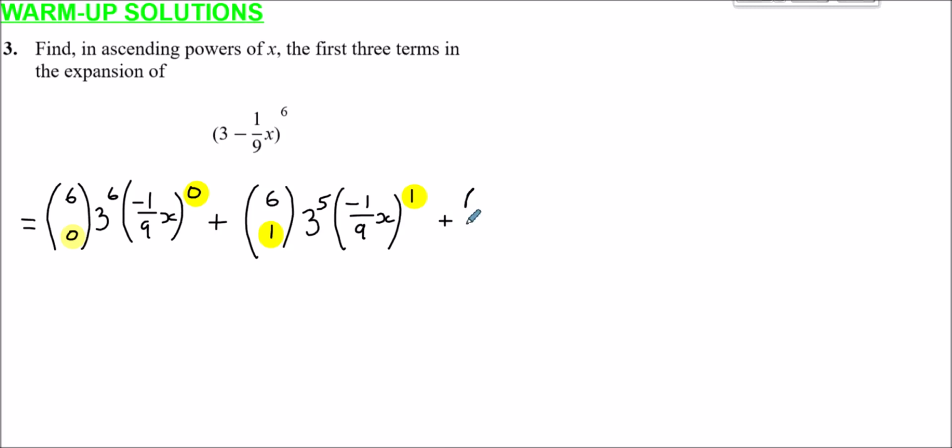So if we keep going, 6 choose 2, 3 to the 4, then minus 1/9 x squared. And again, as you can see, 2 here, 2 there. And again, the power sum of each term, 4 plus 2 is 6, 5 plus 1 is 6, 6 plus 0 is 6. So when you spot the pattern to this binomial expansion, it isn't actually too hard at all.